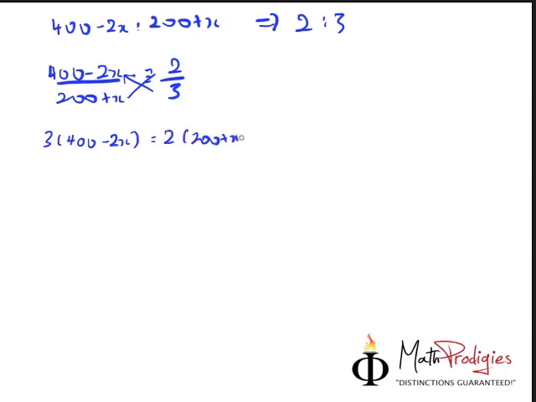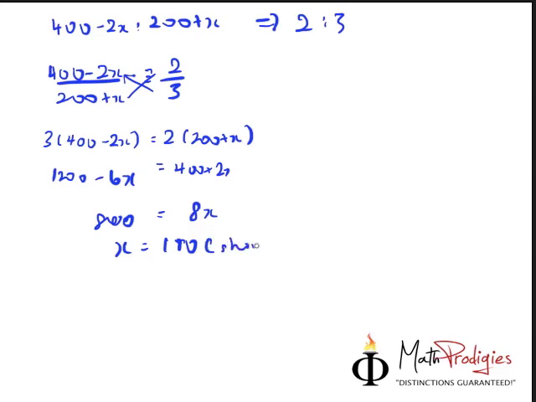Then you bring your x to the other side, you get 8x here, you bring 400 over to this side, you get minus 400, so you get 800. Therefore, x equals 800 divided by 8, which is 100. Bam! Shown. So that's how you do this question.